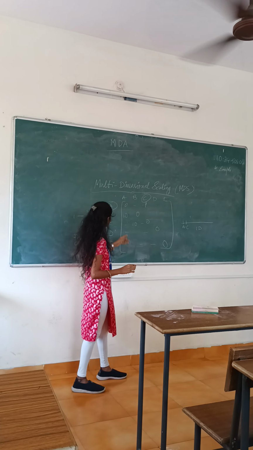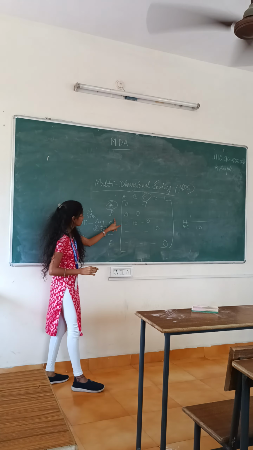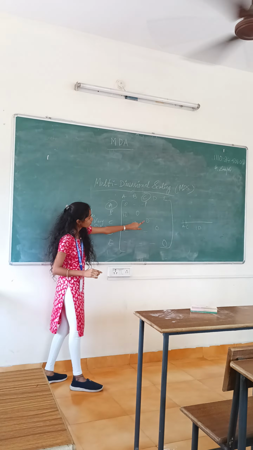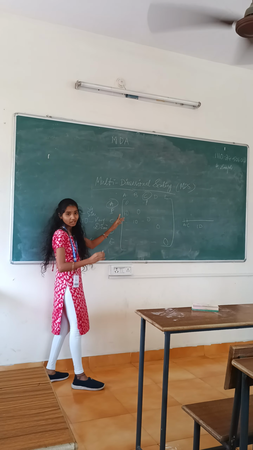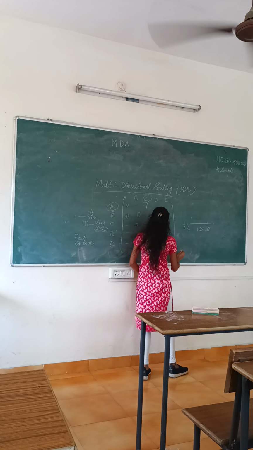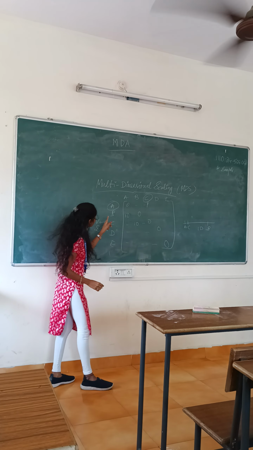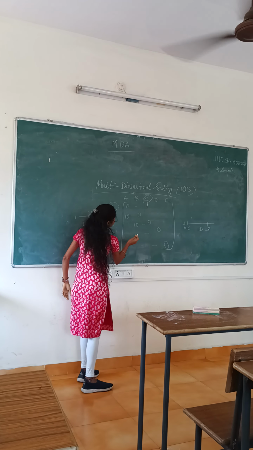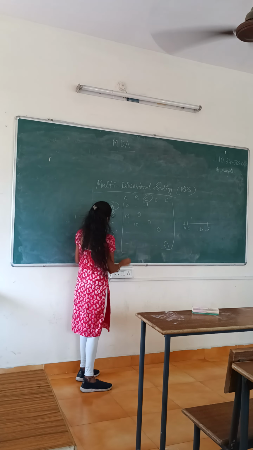And if you see, between A and B it is very dissimilar, which is 10. So I need to place A and B very far apart. So I will place it here.